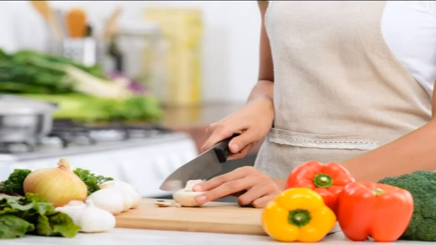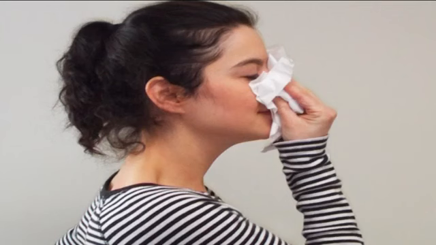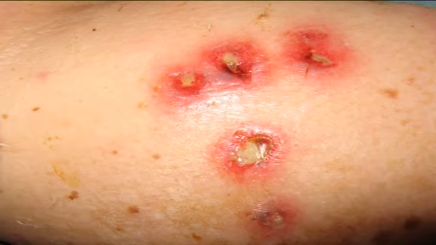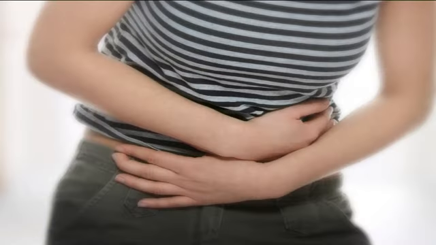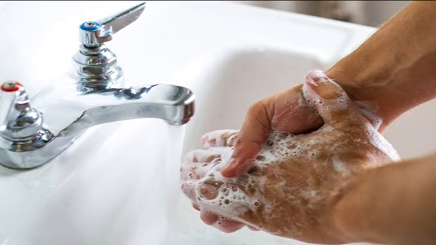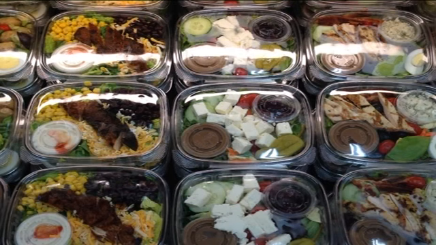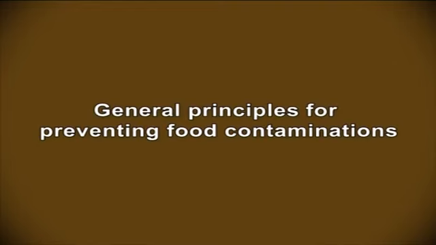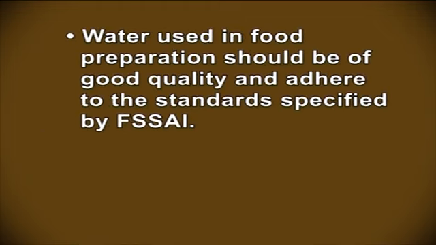They should be healthy and should not be carrying any contagious disease like skin infection, diarrhea or sore throats. They should always wash their hands before they enter the premises where food is prepared or handled and after using the toilets.